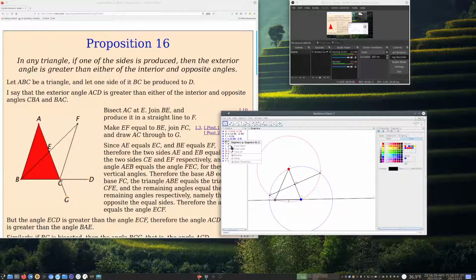G. This will be called X. This will be called Y, because I want the point names to match. But these you don't need a label, because these are not important points. Color, these can be like a light gray.